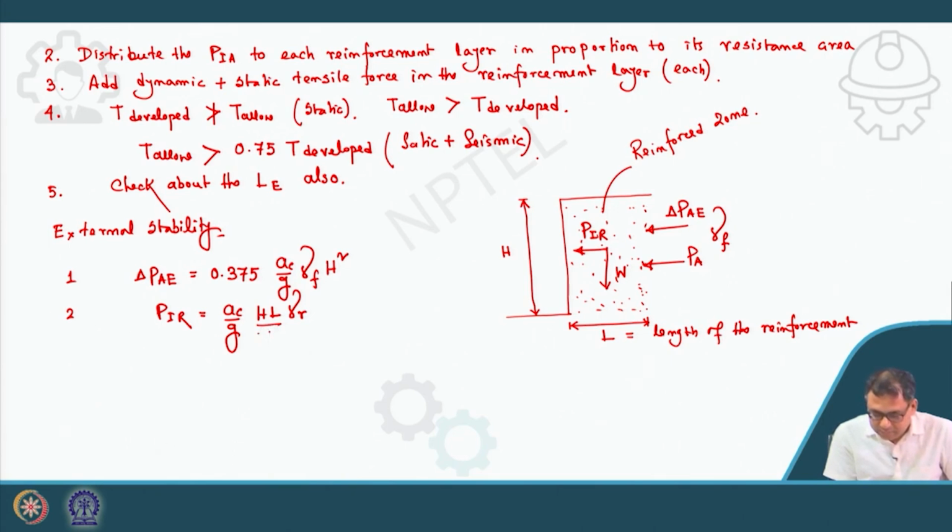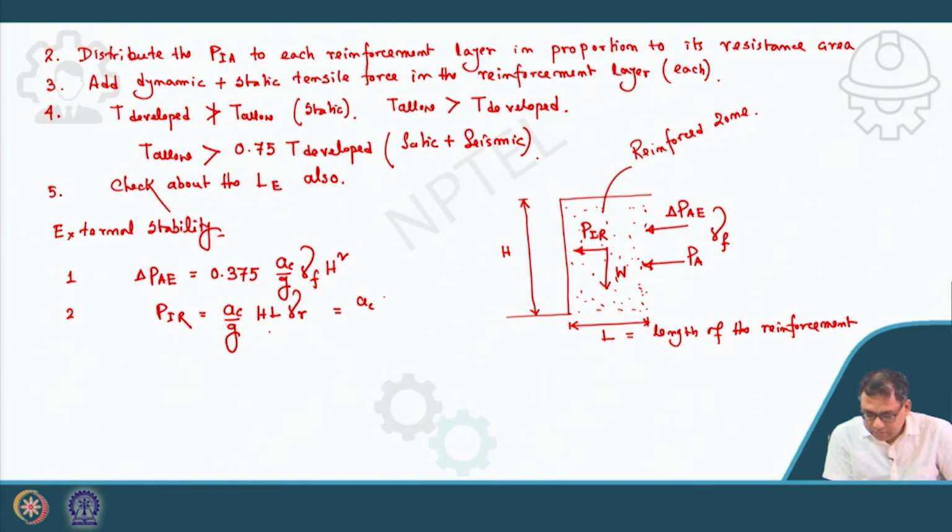This is mass into acceleration, so that is your inertial force. So, AC by G into this area into the unit weight. Area is H into L into the gamma R here.